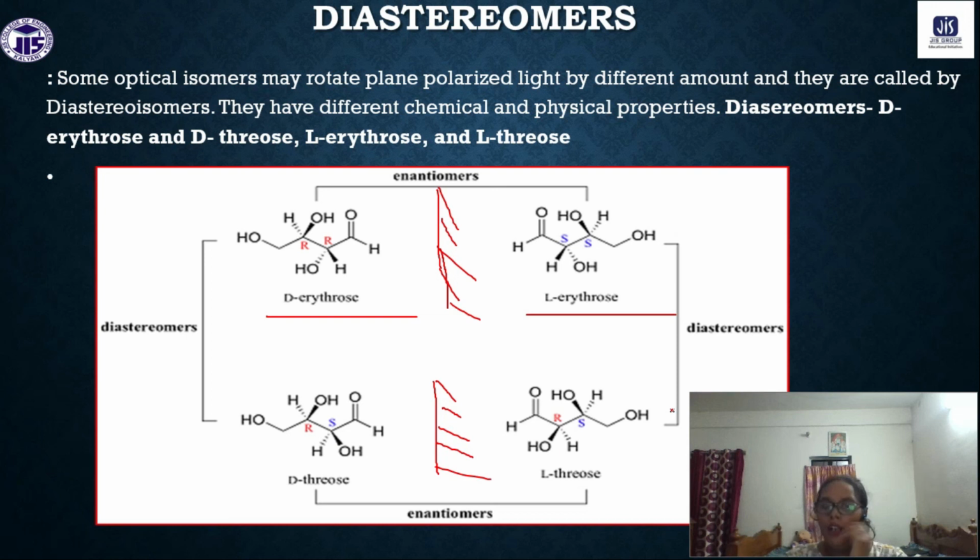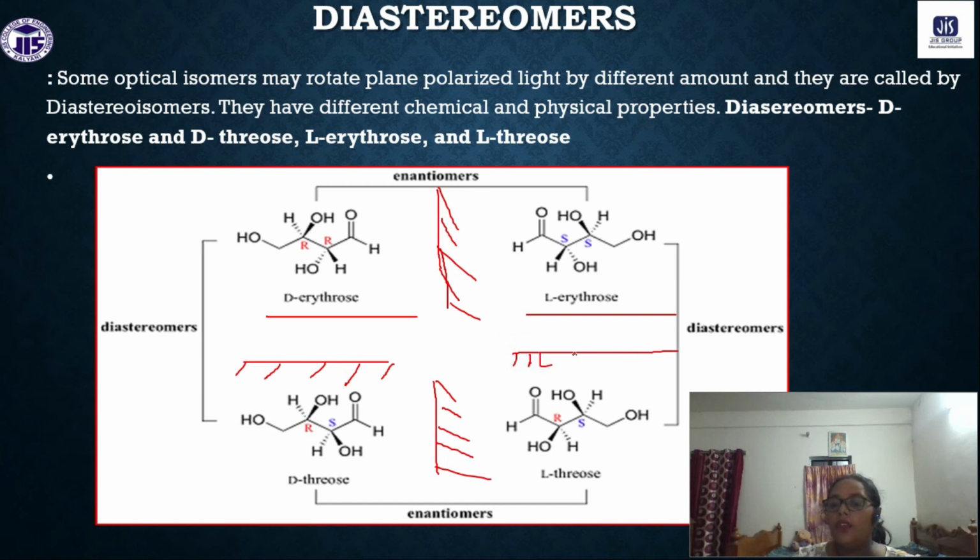Now what will happen, this D-erythrose and this D-threose, if we place a mirror here, you can see they are not at all mirror images, so they are called diastereomers. Again the same, if we have a mirror here.